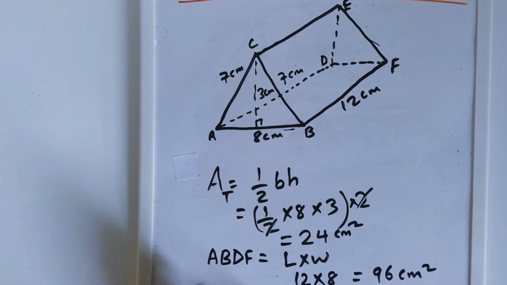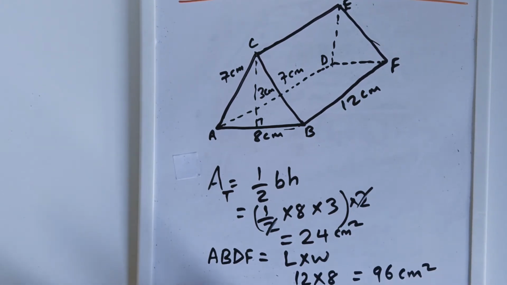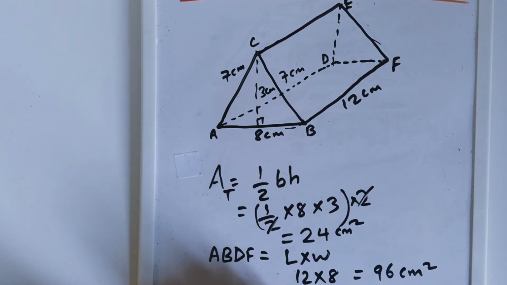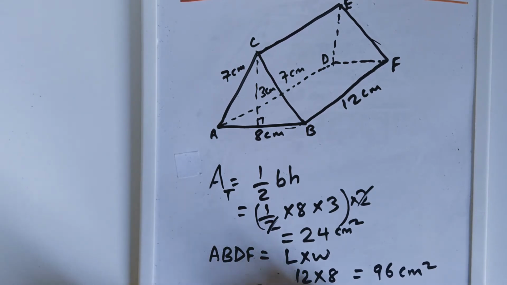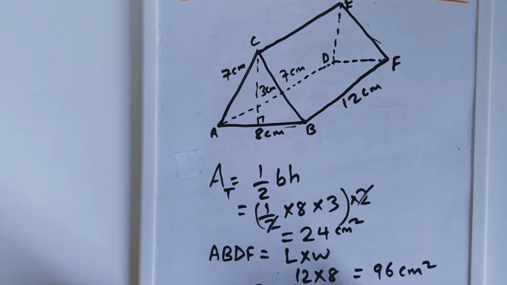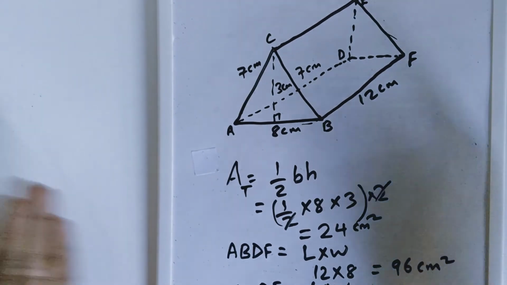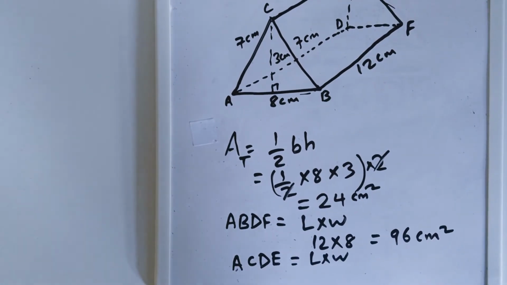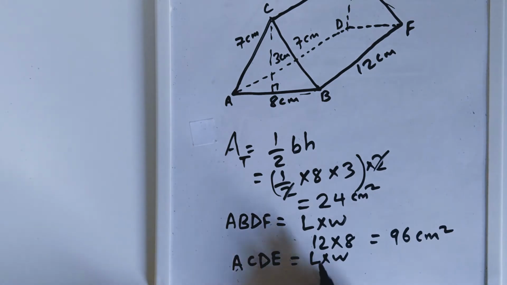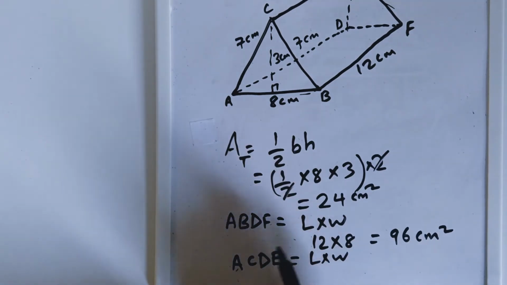What is the area of rectangle A, C, D, E? It's also equal to length times W, but what is our length? What is the length of that rectangle?